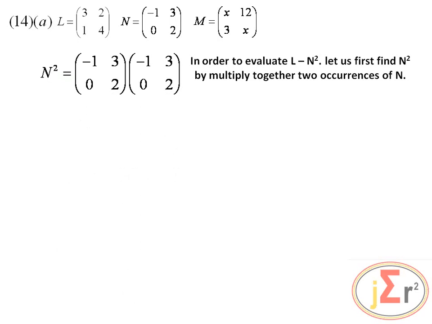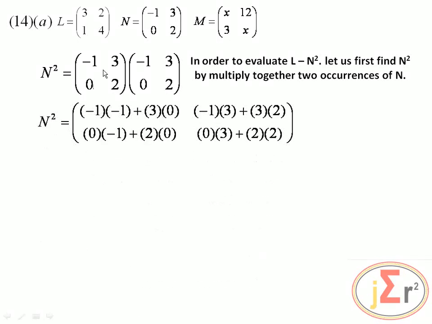And in the usual fashion, we have row by column. So we have -1, -1, 3, 0. The upper with the left, the answer goes to the upper left. Then we have -1, 3, 3, 2. The upper with the right, and the answer goes to the upper right.